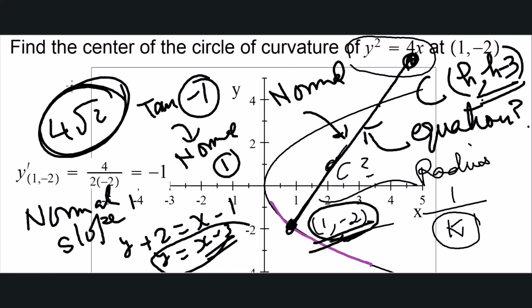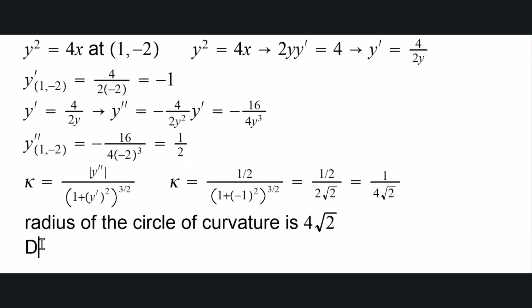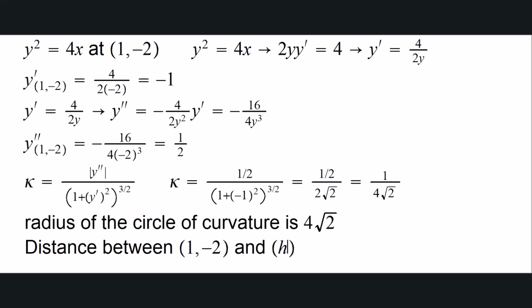So we can find an equation and determine h and the y coordinate h minus 3 that way. We just determined that the distance between the point (1, -2) and (h, h minus 3) is how much? 4 square root of 2.